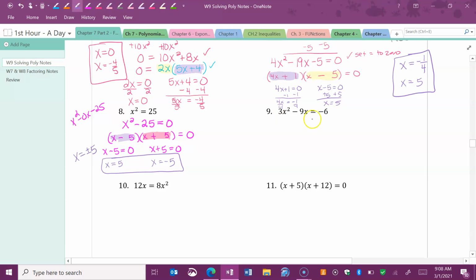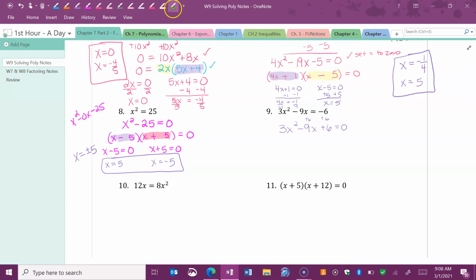Number 9. Before I do anything, I am going to set this equal to 0. This is already a positive 3x squared, so I'm going to go ahead and add the 6 to the other side. When I add 6, I get 3x squared minus 9x plus 6 equal to 0. I need to factor.